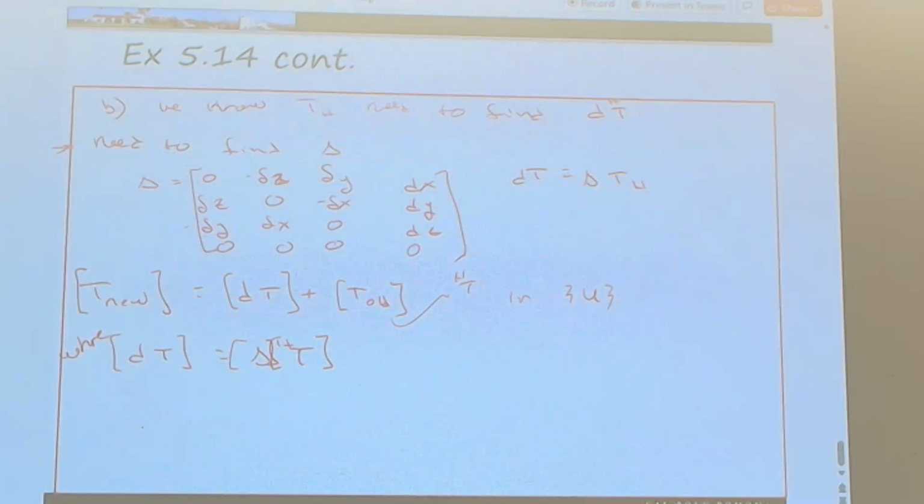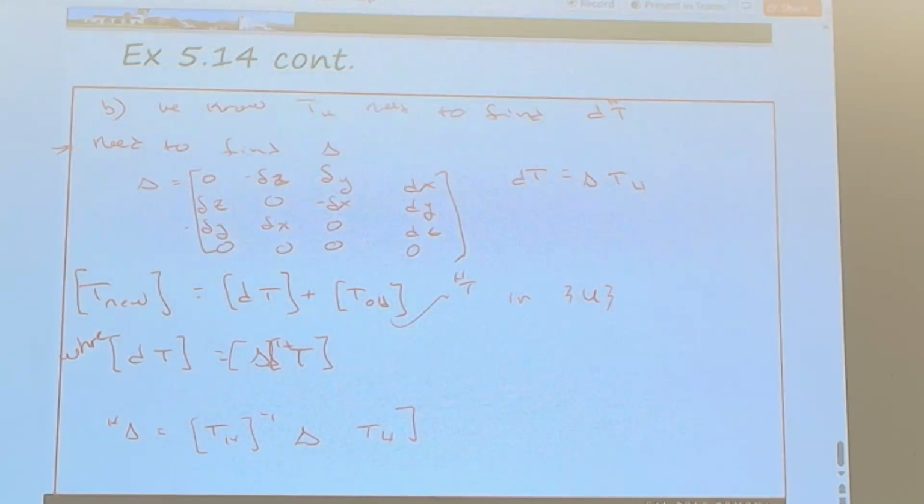Exactly. So we could simply go back in, or we could kind of cheat a little bit. We could say our delta H is going to be equal to our TH inverse, our delta, and then our TH. And remember he does the math trick where he moves that one in front.